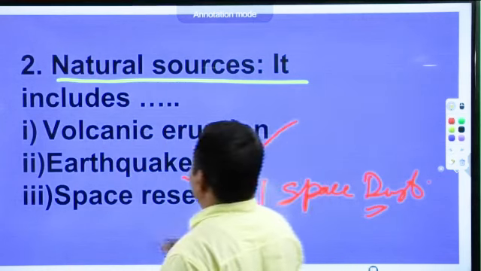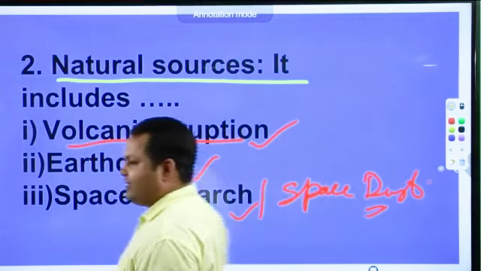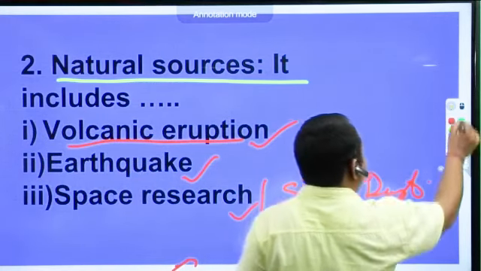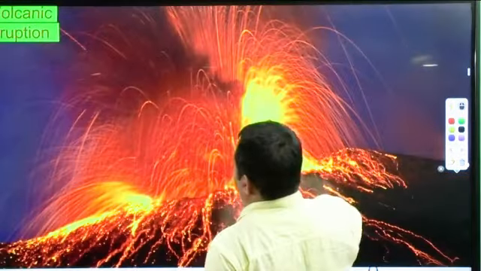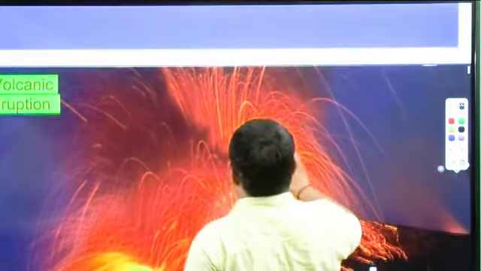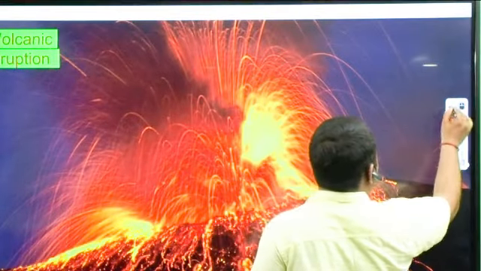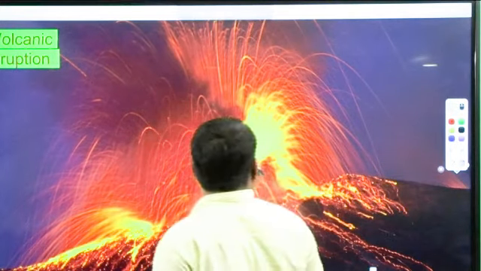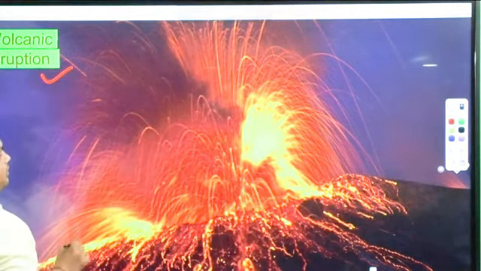The first one, volcanic eruption. How is volcanic eruption going to assist us in understanding the internal structure of Earth? So we know, what is volcanic eruption?